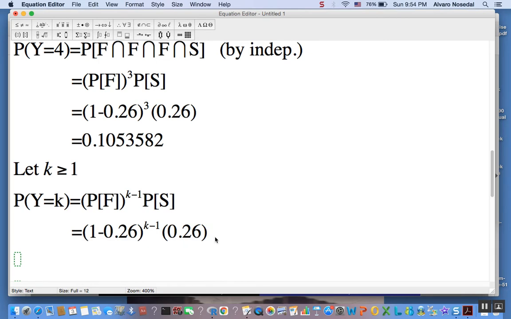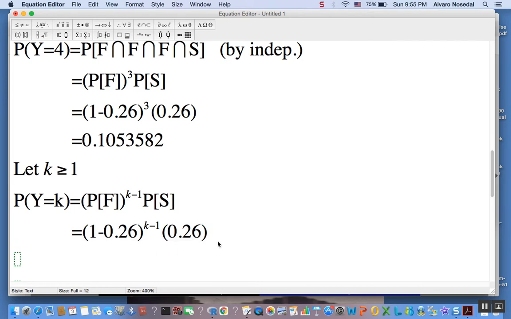Make sense? Okay, so that formula that you got here would be the probability mass function of a geometric random variable.